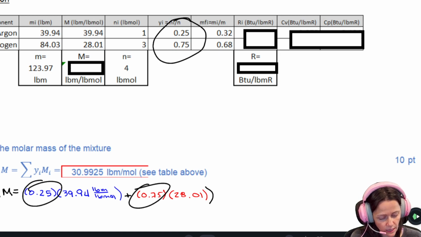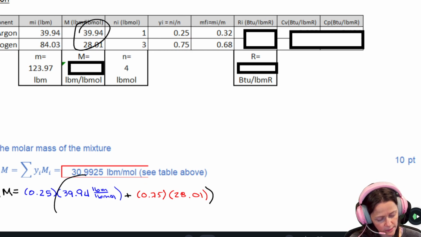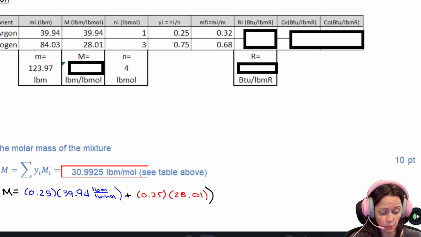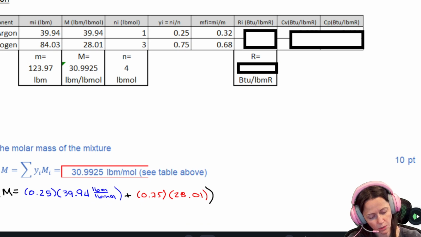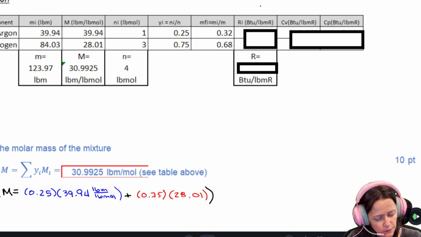This guy and this guy, and then their respective molar masses. And that should give you 30.9925, and I just put a little placeholder on that little readout up at the top. Perfect.